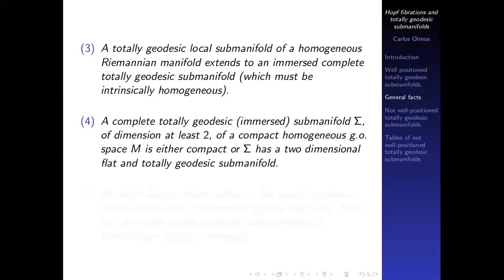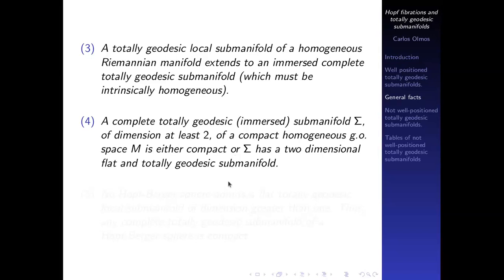So it's either compact or sigma has a two-dimensional flat and totally geodesic submanifold. We have to point out here that if you go to the universal cover it is probably not compact any more, but then you can factorize through a compact immersed submanifold.